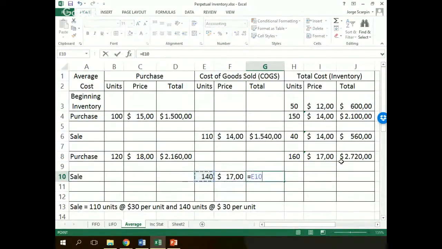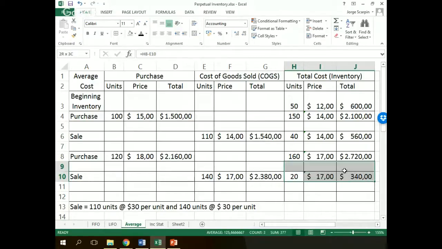Total, 140 times 17, $2,380. Units on our inventory, 160 minus 140, 20. Money, 2,720 minus 2,380, 340. And average price, 340 divided by 20, 17 again.